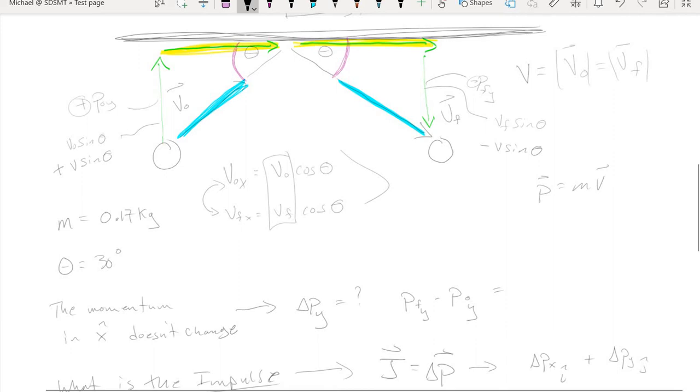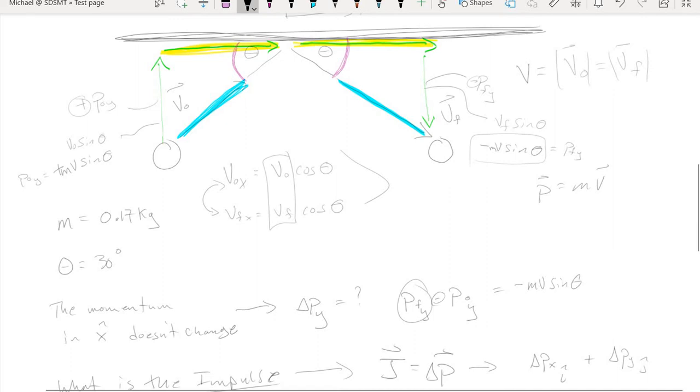All I have to do is sneak in the mass of the ball, and I have the initial and final components of the momentum. We have a final component of negative mv sine theta.